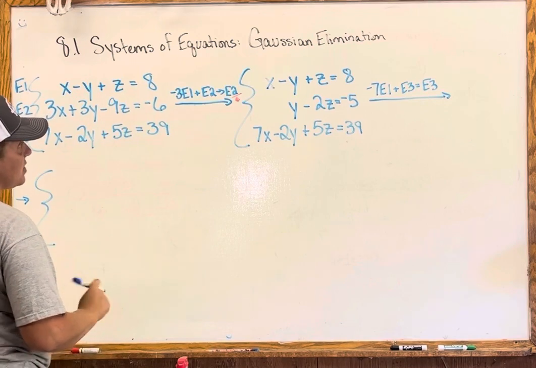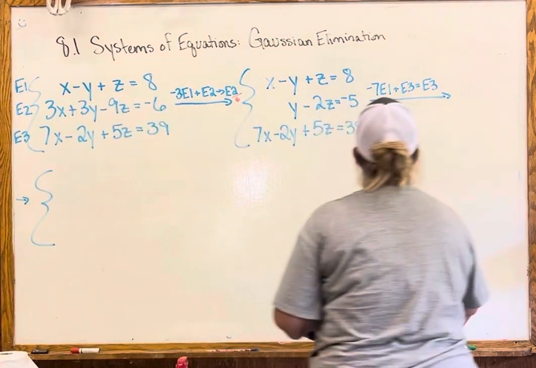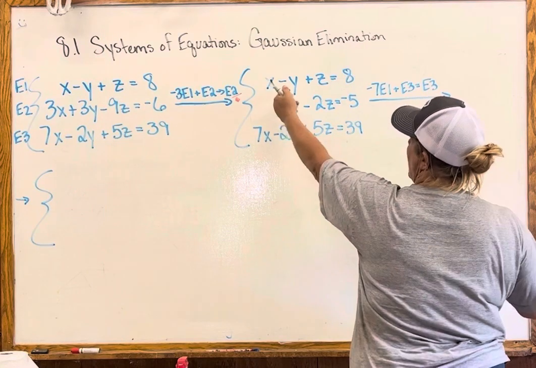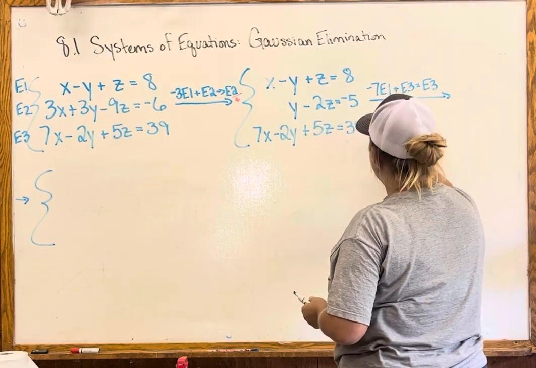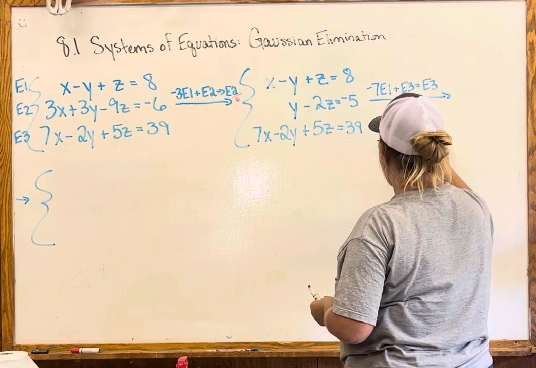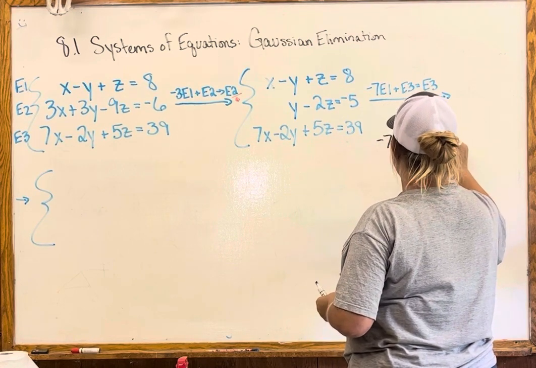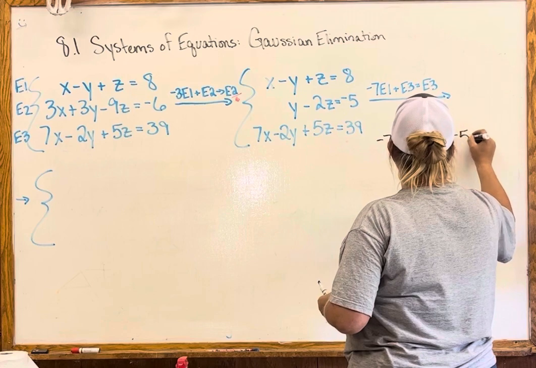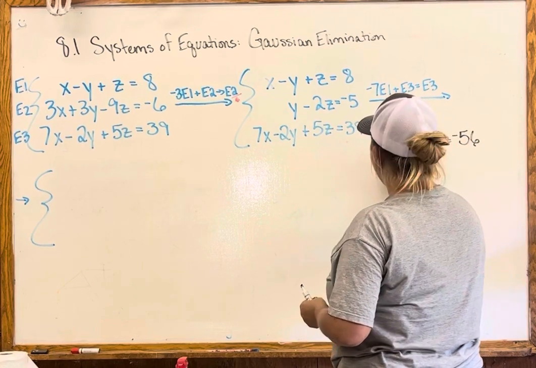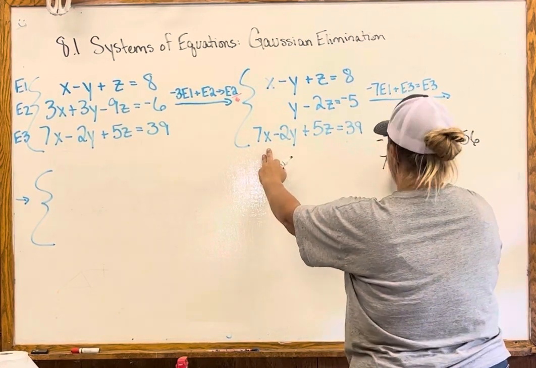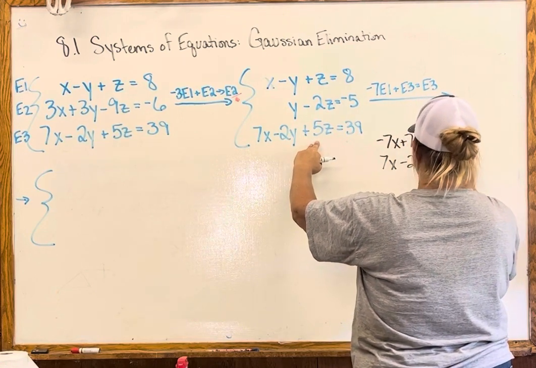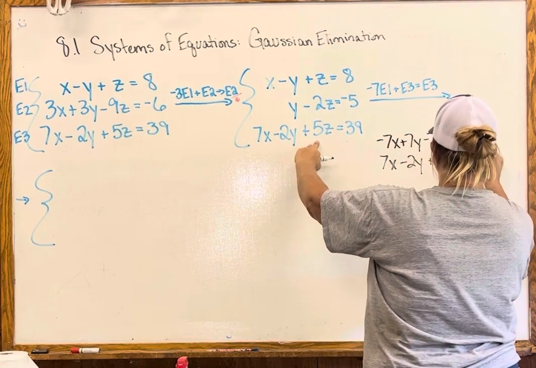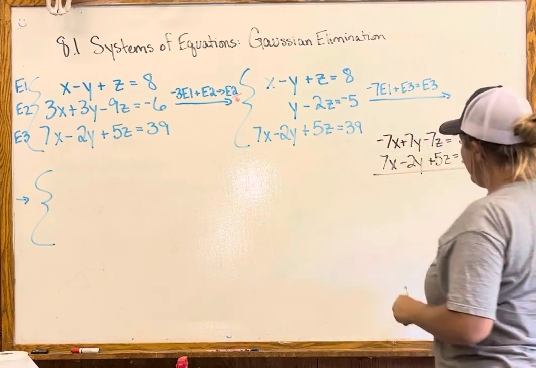Okay, so we'll put our scratch work right here. I'm going to multiply everybody through by negative 7. So negative 7x plus 7y minus 7z equals negative 56. And then write the third guy down the way he is. All right. And combine them.